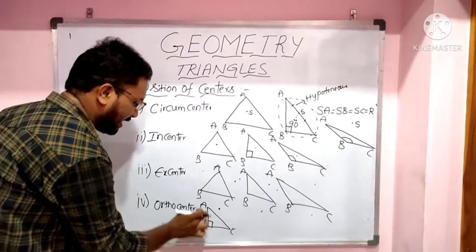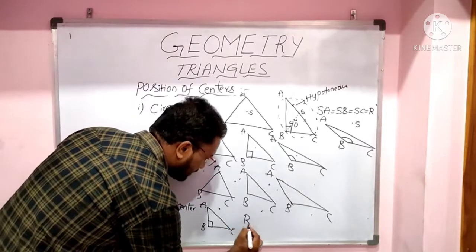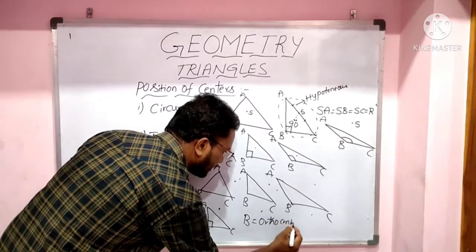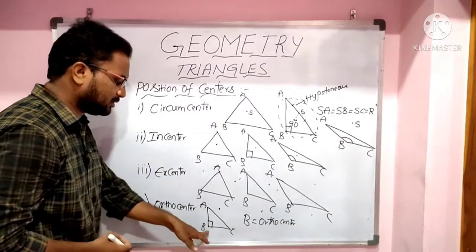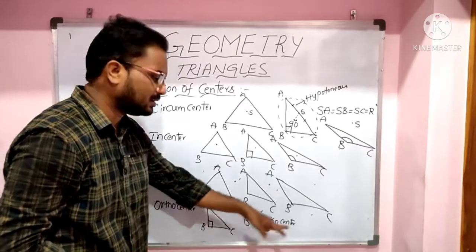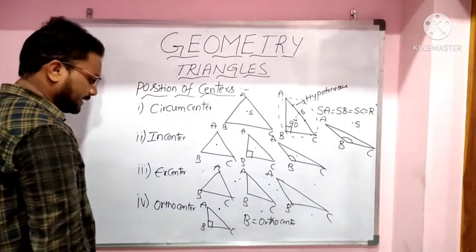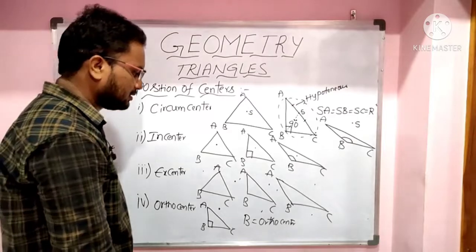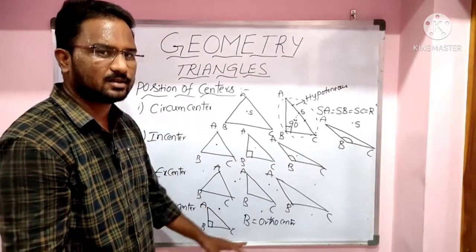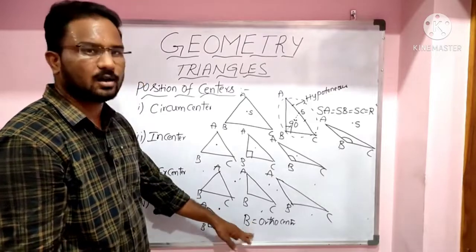So here in triangle ABC, B is the orthocenter. For acute angle triangle and obtuse angle triangle, we cannot determine the position of the orthocenter.